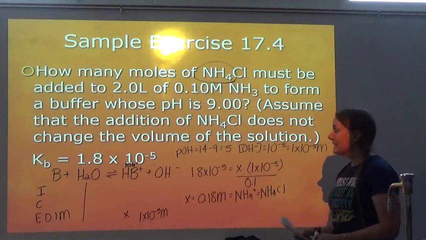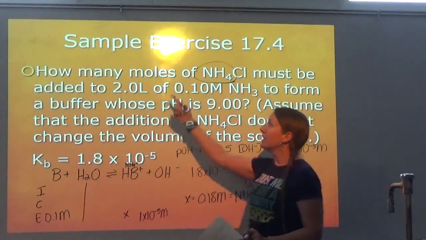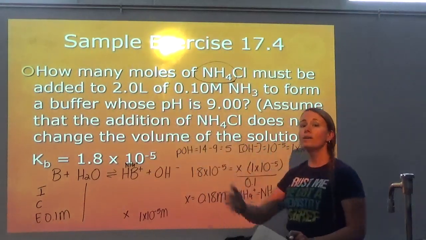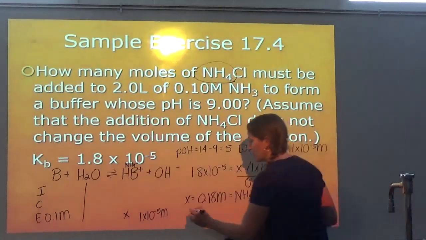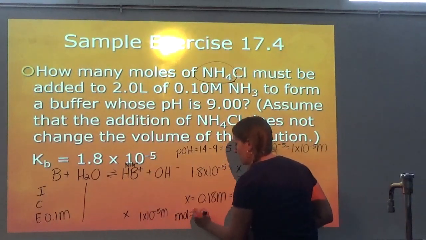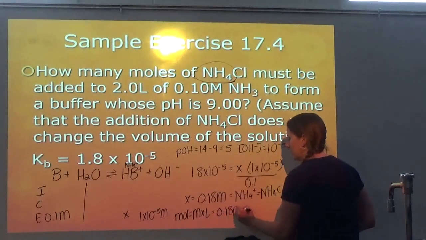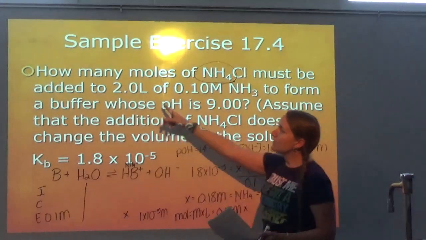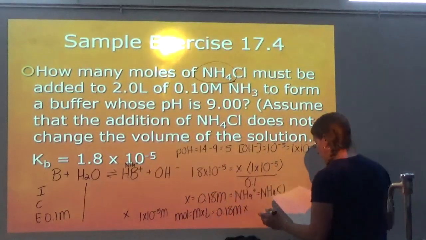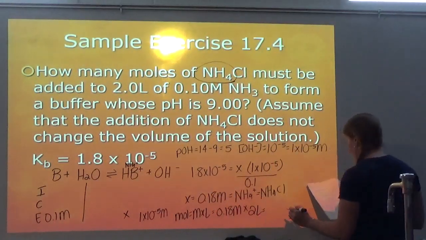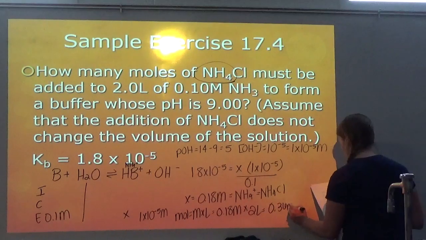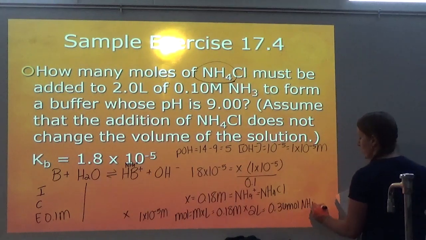But the problem didn't ask me for molarity, it asked me for moles, so you always have to make sure you're getting to the answer. Moles is molarity times liters. We figured out the molarity was 0.18, and my liters is 2, so it took 0.36 moles of NH4Cl.